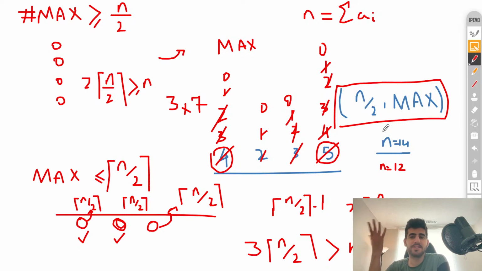The point is, when you want to match pairs, and each pair should have different classes or different colors, what you can say is that the answer is always the maximum of n half and the maximum occurrence of a number. This is very classic and you see it in many problems. If you want, maybe in future I can solve more problems from this idea. This is a well-known idea.